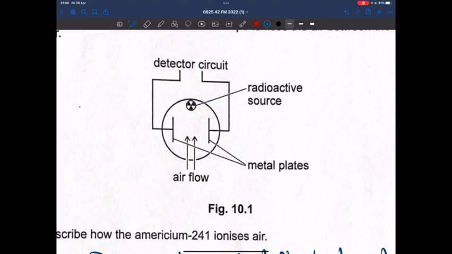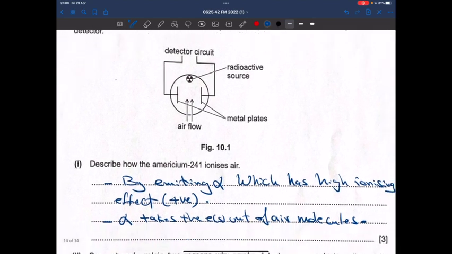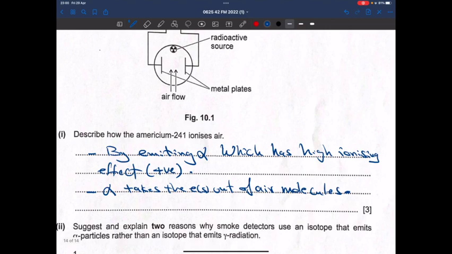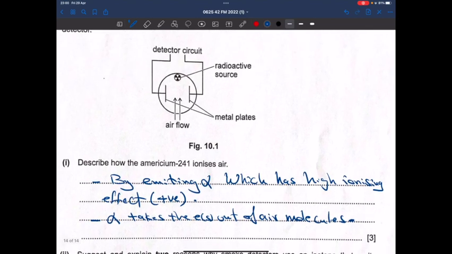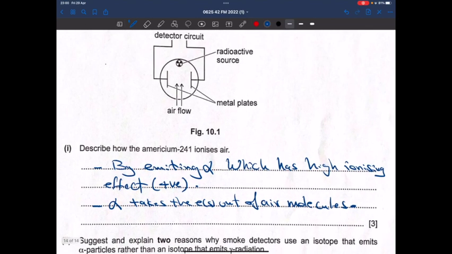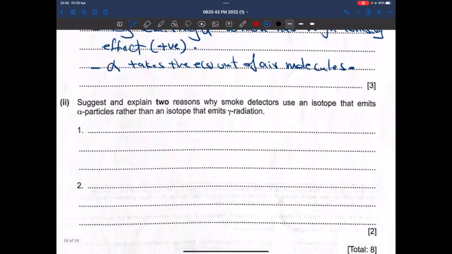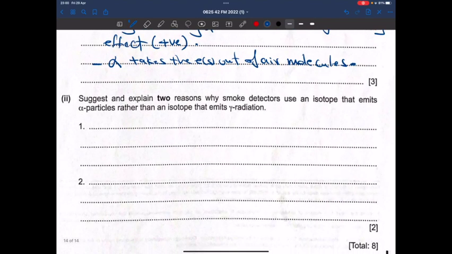It cannot go outside the metal plates because it would be stopped, right? But gamma couldn't be stopped easily. And we can say also that alpha could be detected by the detector easier than gamma, right?